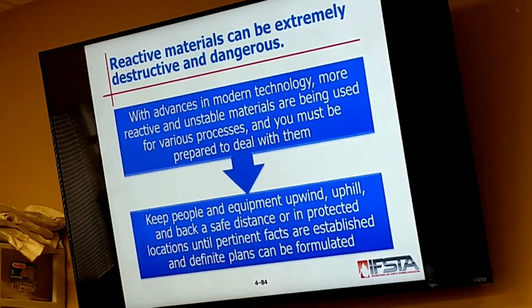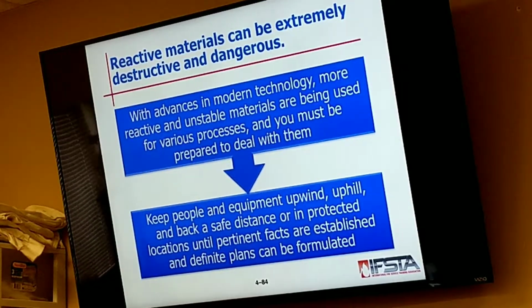Radioactive materials. Radiation comes in different forms. Some of them are more energetic than others.